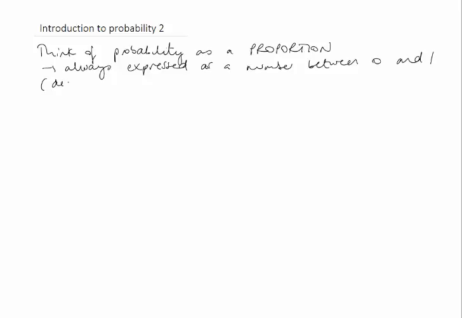This could be a decimal or a fraction or a percentage. Those are all fine, but it's going to be between 0 and 1. You can't have a negative probability and you can't have a probability over 1. So never greater than 1.